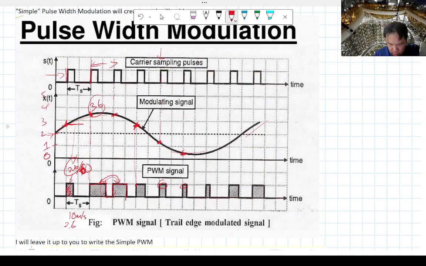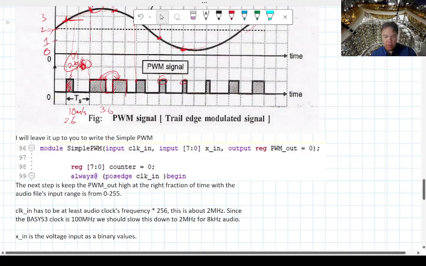But then when you go to 3, you proportionally increase that fraction, when your analog signal is actually much larger. So you have this proportionality where the time that you spend having the pulse high is proportional to the voltage of the signal you're trying to emulate.